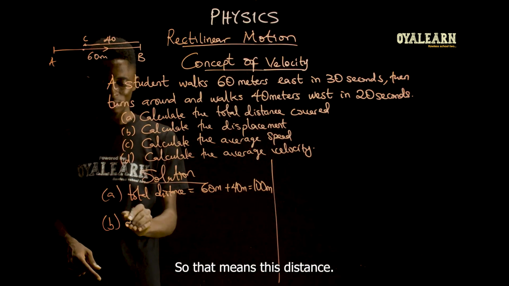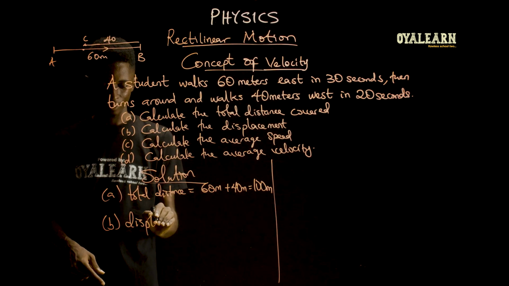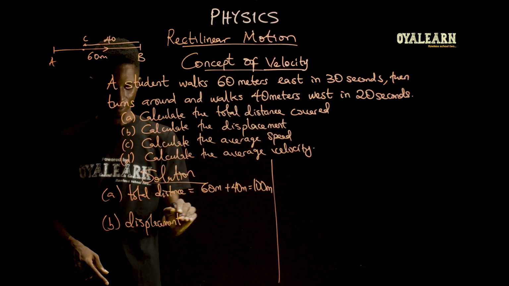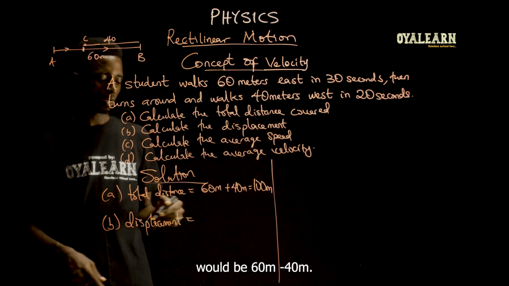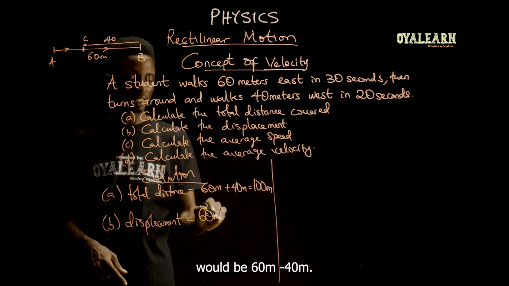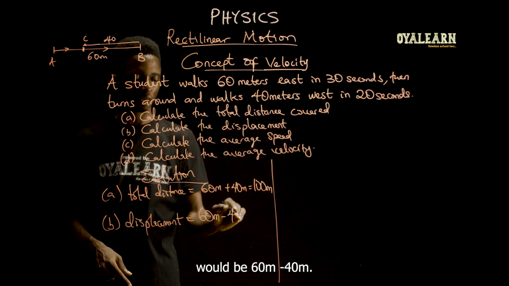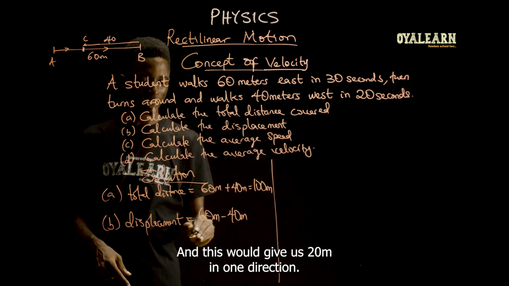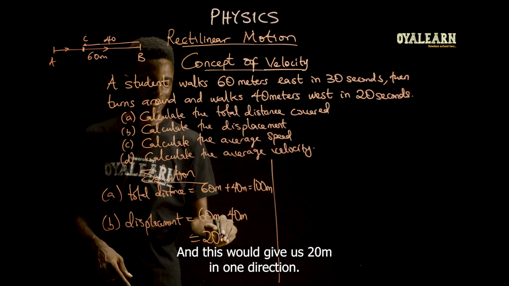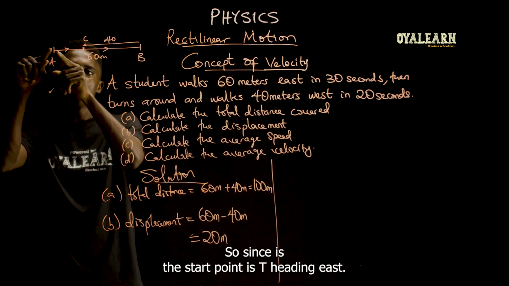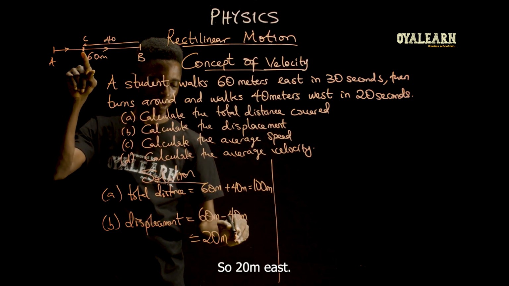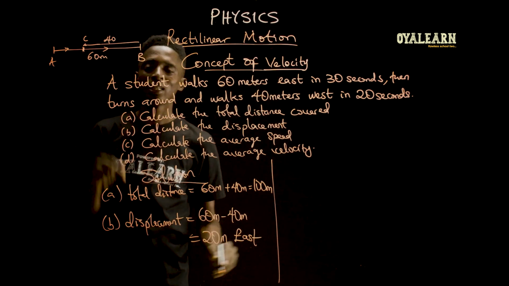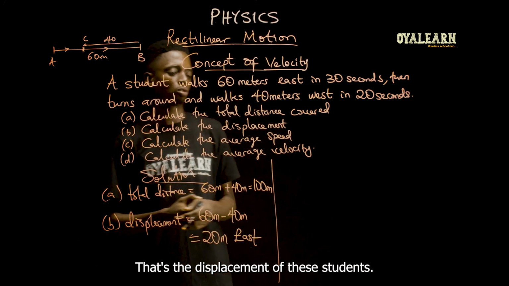So that means displacement, remember, in a specific direction to this point C, would be 60 meters minus 40 meters. And this would give us 20 meters. In what direction? Since this is the start point, it's still heading east. So 20 meters east. That's the displacement of this student.